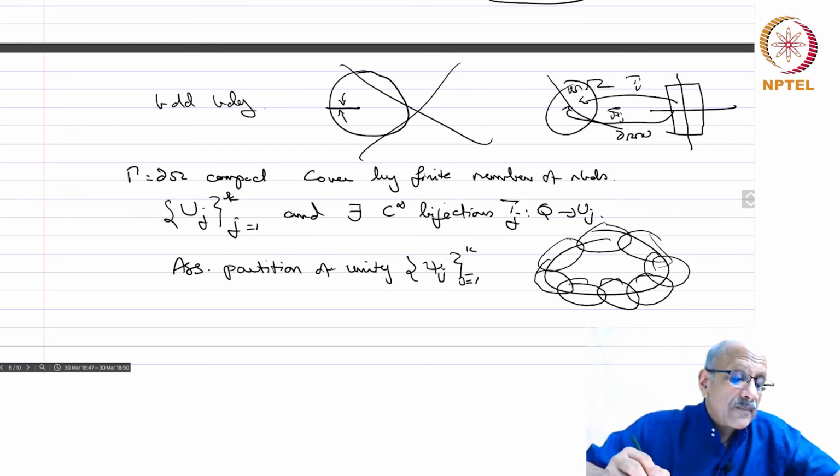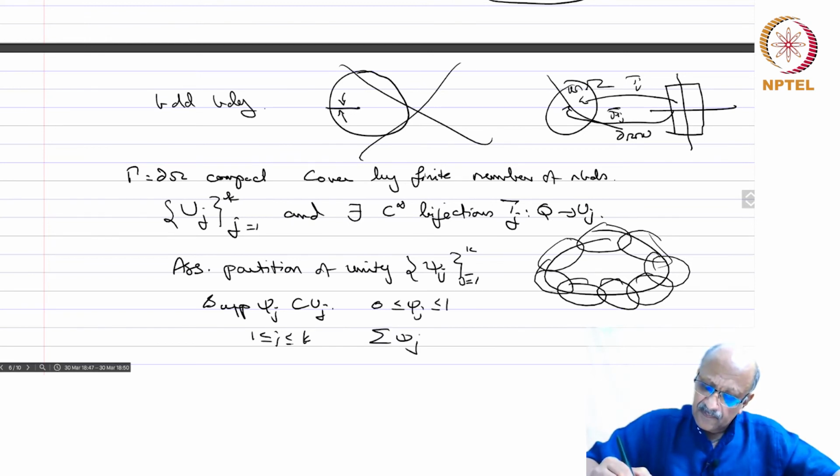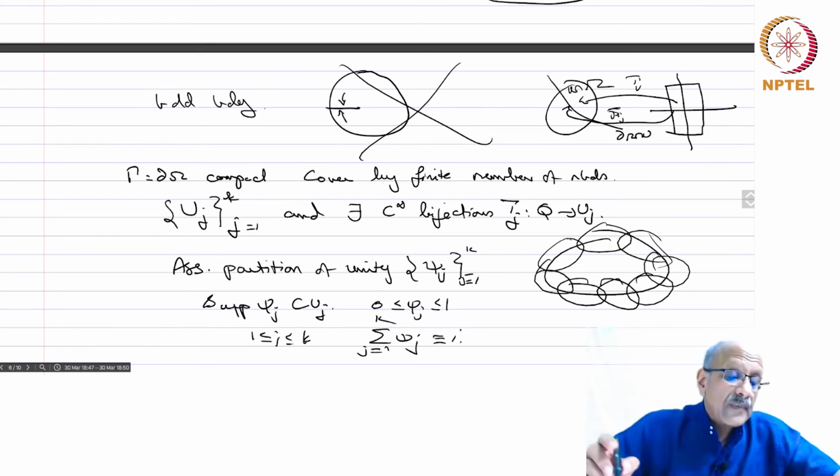So the support of psi j is contained in Uj, for 1 less than or equal to j less than or equal to k, 0 less than or equal to psi j less than or equal to 1, and also the sum of psi j from 1 to k is identically 1 on Gamma.